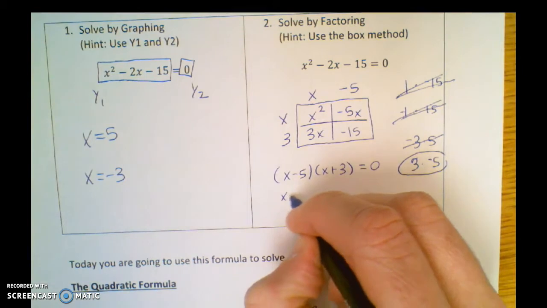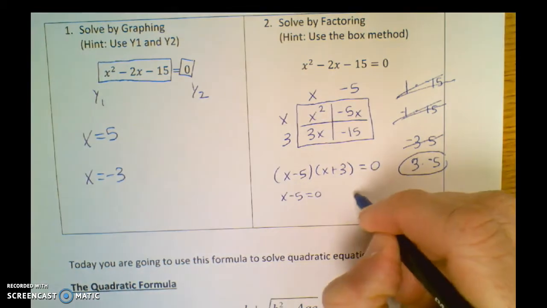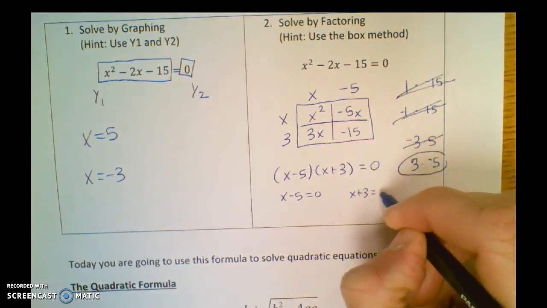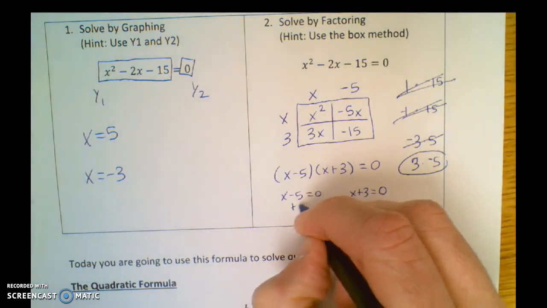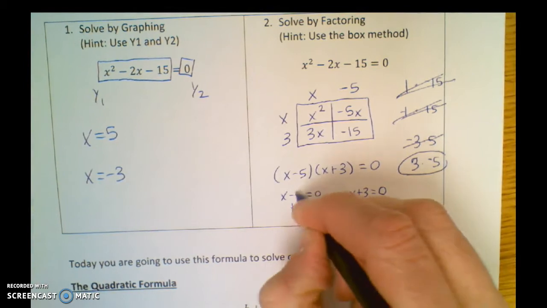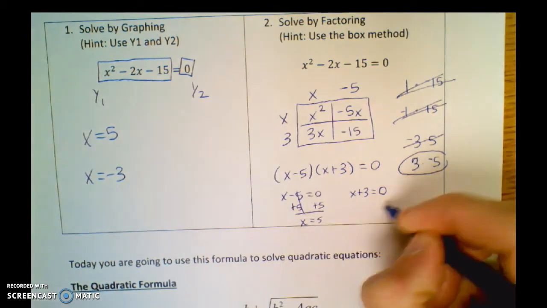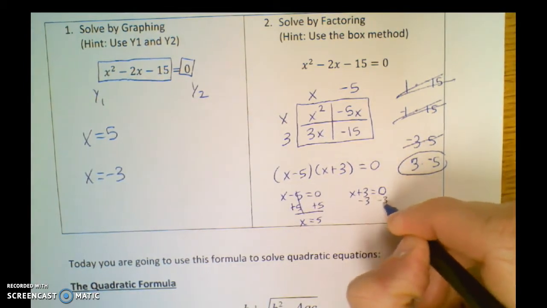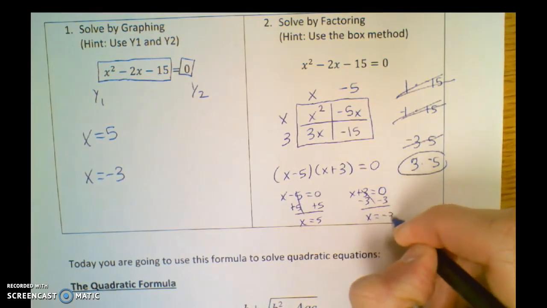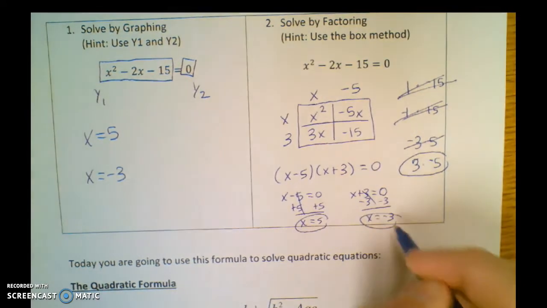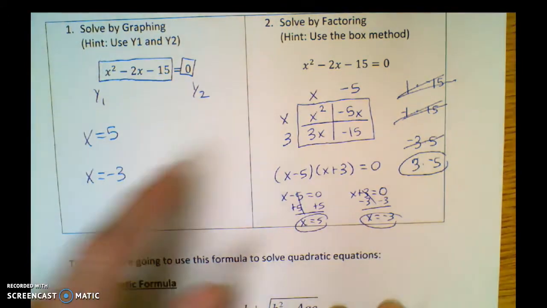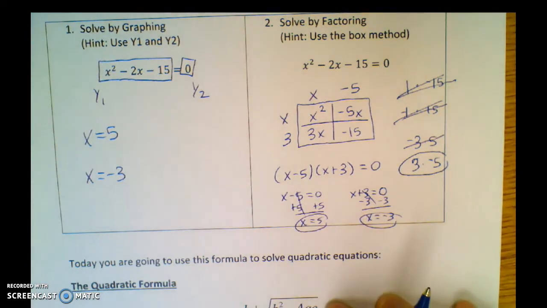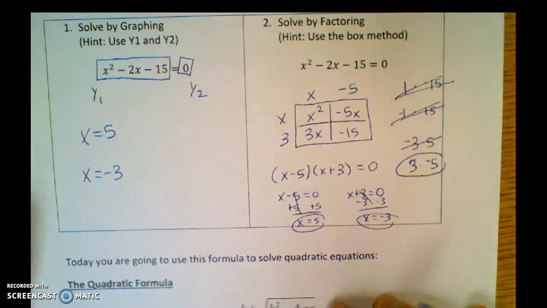So I set each of them equal to 0 and solve for x. Here I would add 5 to both sides, x equals 5, and here I subtract 3. So again I get the same answer of positive 5 and negative 3. Either method works, it just depends on what you're most comfortable with and what works in the situation.